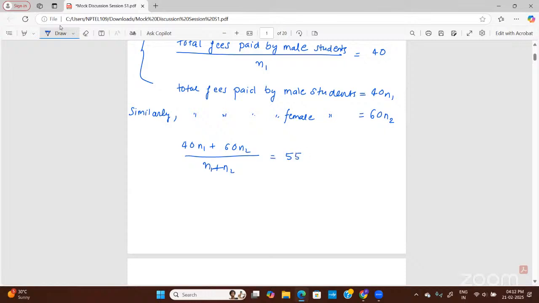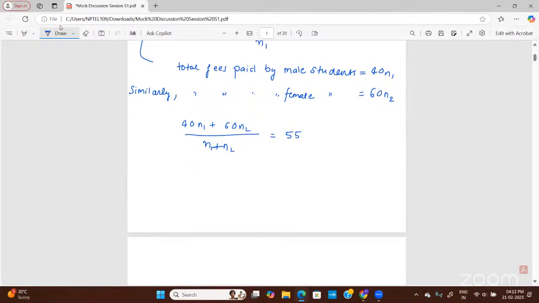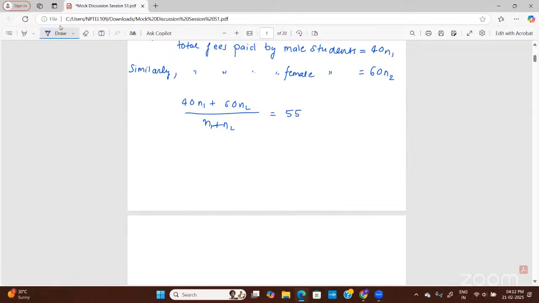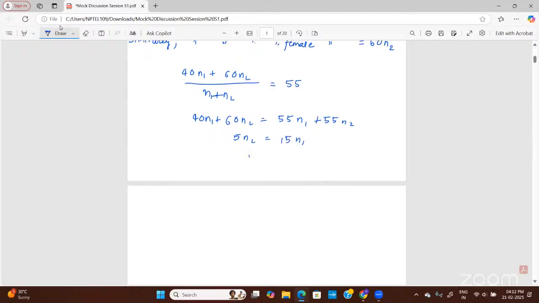From here you can find the value of N1 and N2, or a relation between them. So 40 N1 plus 60 N2 equals 55 N1 plus 55 N2. So 5 N2 equals 15 N1. From here we can say that N2 is equal to 3 times N1.